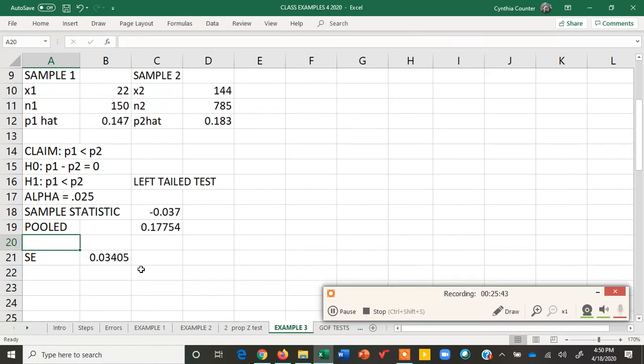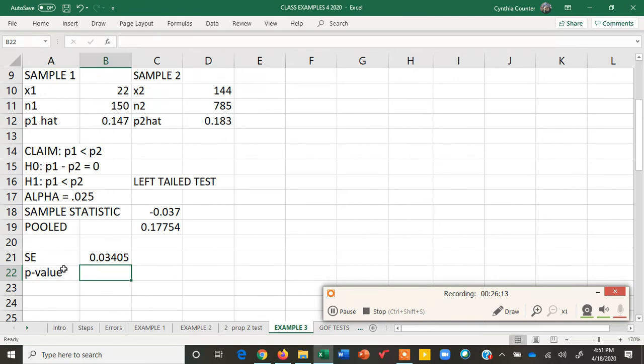Okay, so we have a sample statistic of negative 0.037 and a standard error of 0.034. Let us now find the p-value. We already know we are doing a left-tailed test, so we do not have to use the rule of complements.